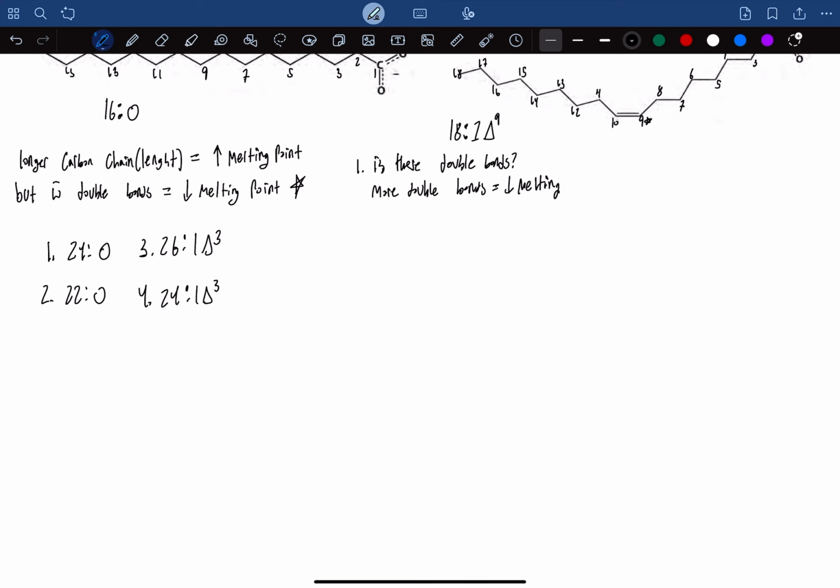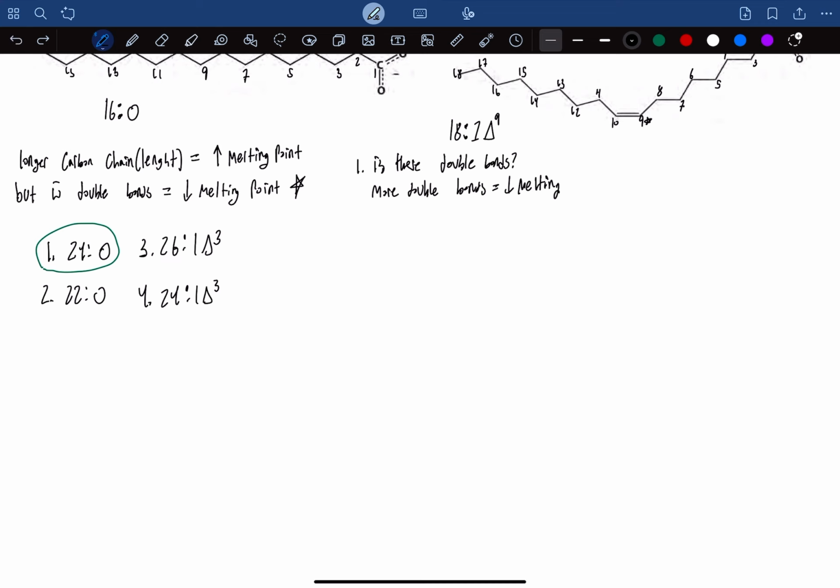I'll give you a second to pick your answer. But the correct answer here would be this one. It will have the highest melting point because it's the longest length without a double bond. This other one is longer, but it has a double bond, so it's going to have a lower melting point.